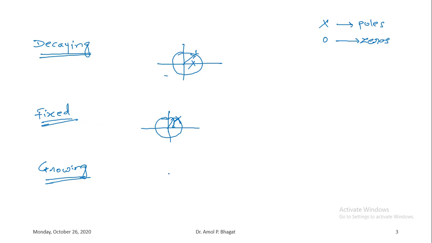And if the poles are outside the unit circle, the signal is growing.